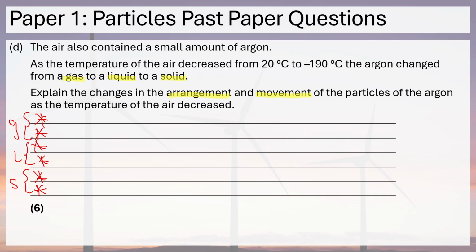A question like this could also ask you to write in clear English, in which case I'd like to see a bit of a link going from each section to each section, so from gas down to liquid to solid. So in terms of what we can include here, if we look at the arrangement of the gas particles, we can talk about the fact that the particles are spread out, and of course they're moving rapidly and randomly.